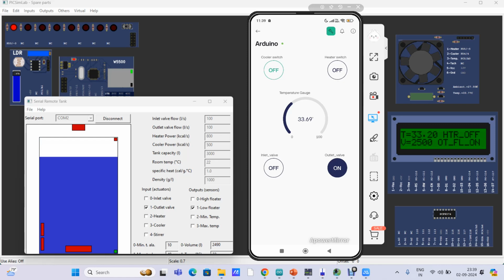It is also displaying the volume, 2400, 2360, and so on. So thank you.